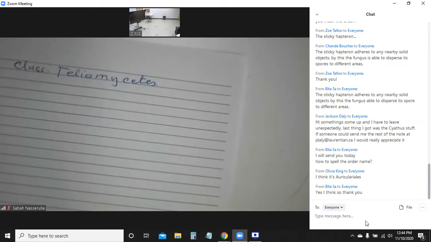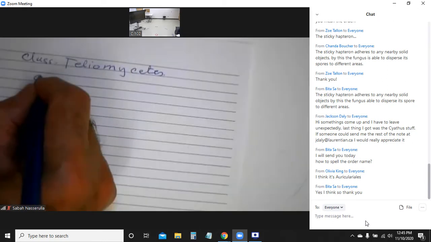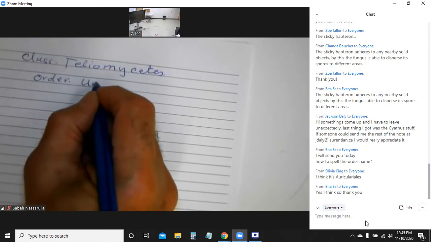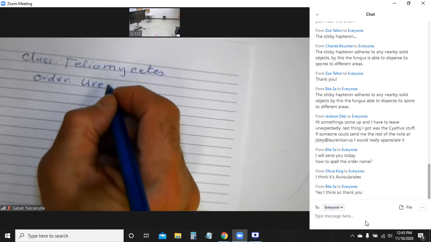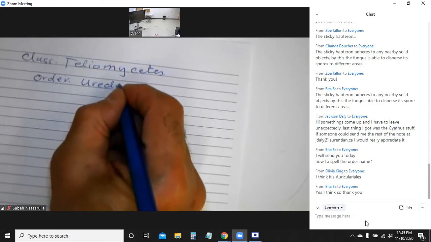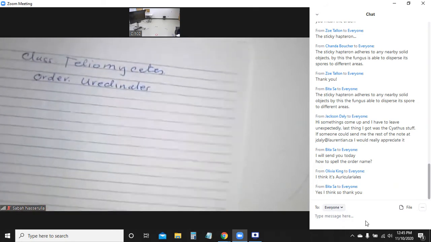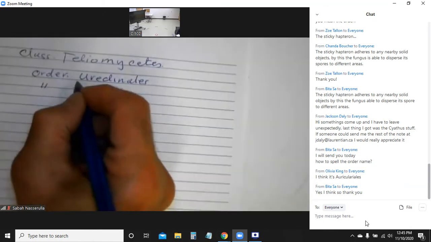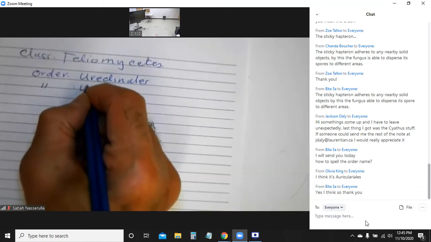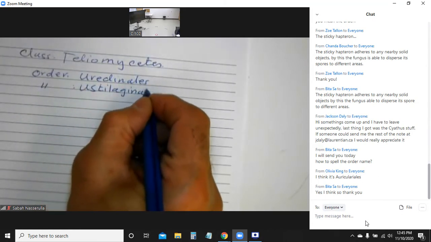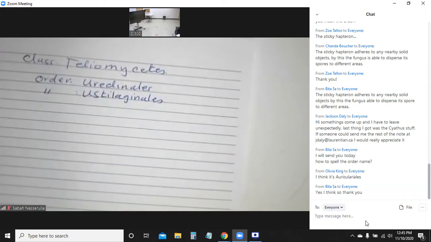Now, in Teliomycetes, basically, we have two important orders. One order is known as Uredinales, and the other order known as Ustilaginales.